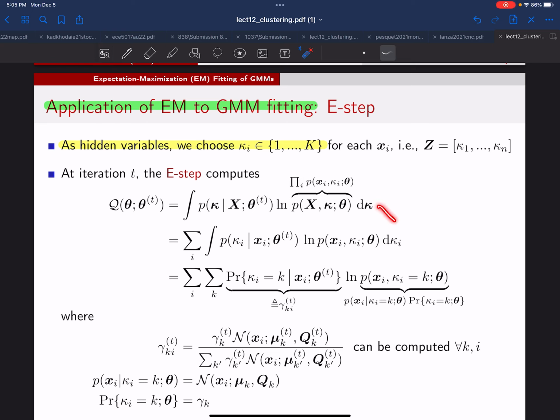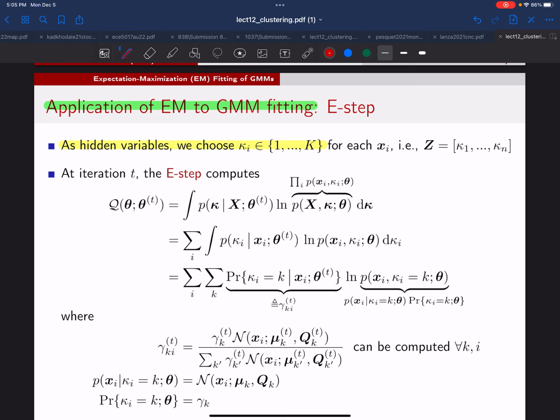Okay, so that's the justification of why this kappa vector can be replaced with the kappa i scalar. And then this becomes a scalar distribution, and this, as we said before, came from this. Okay, so now this is much simpler. We have a single integral, single variable of integration, but actually when you think about this, we don't want to integrate because these kappas are discrete random variables. So rather than expressing this using an integral, let me write it as a sum over all the possibilities of what kappa i can be.